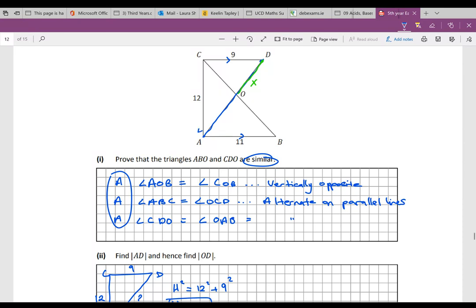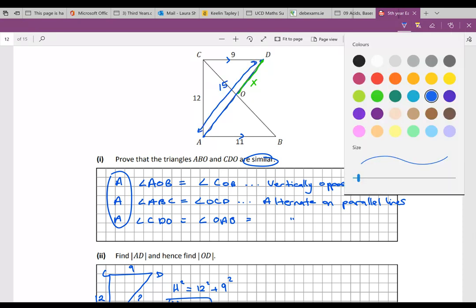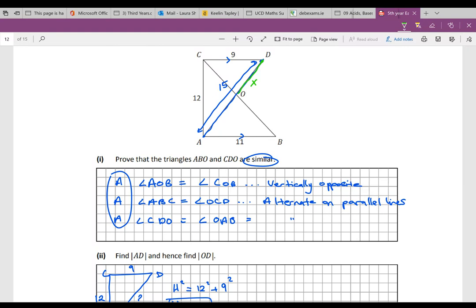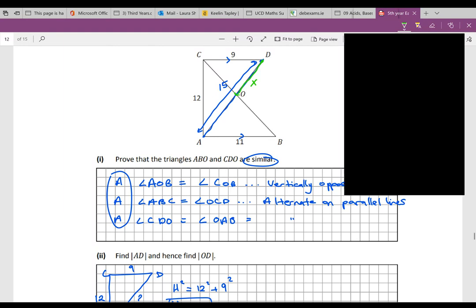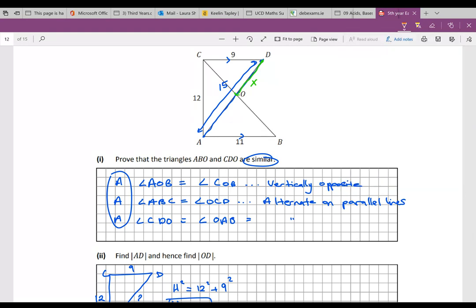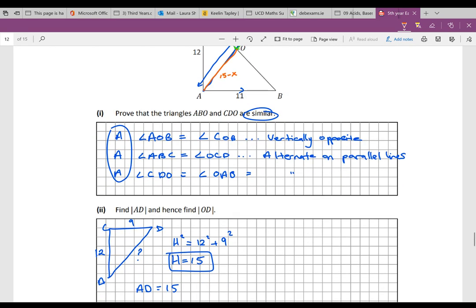So it's 15 from there to there. So if it's X from there to there, well then from there to there will have to be 15 minus X. And you can call AOX if you want.